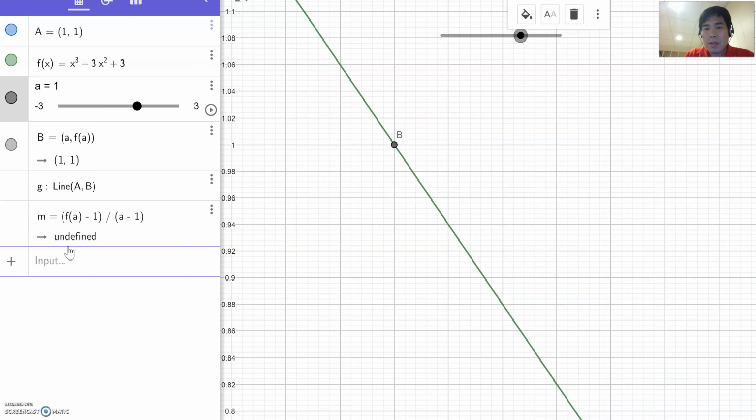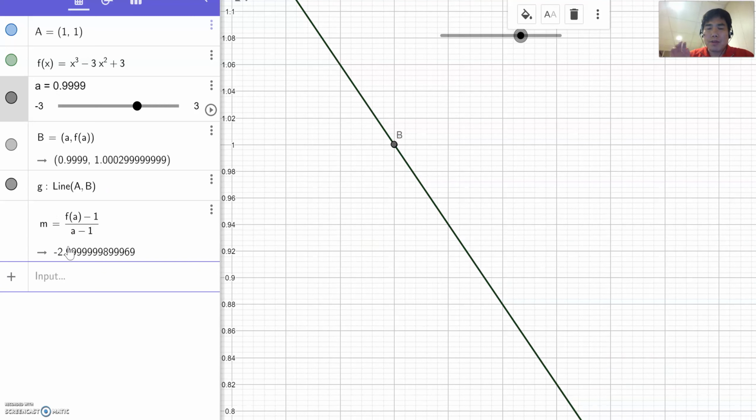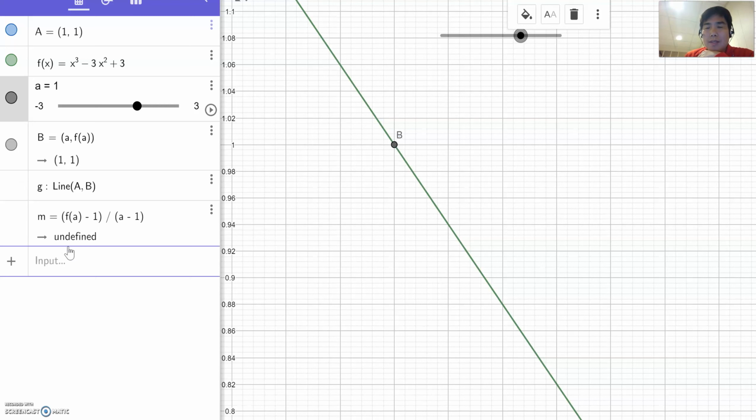Through the last chapter, we learned about the limit. In this case, we can define the gap of the 2 x values as almost 0, but obviously it cannot be exactly the same value.